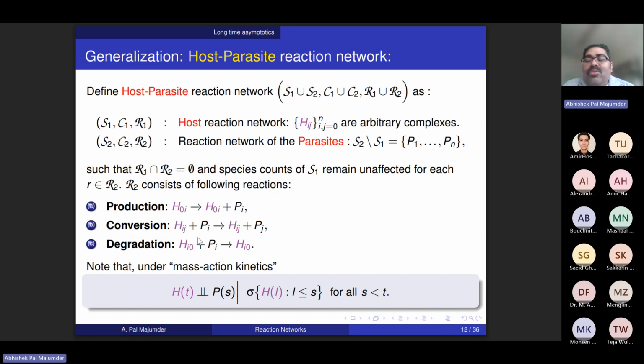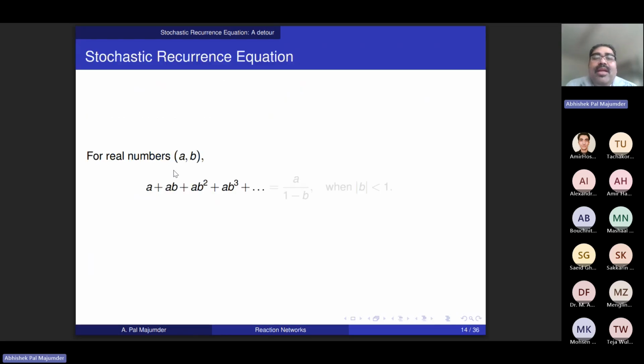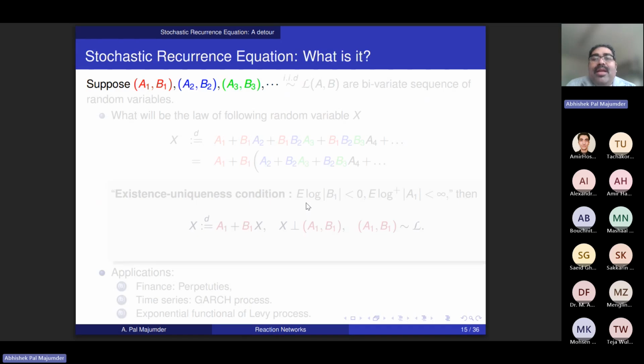When I'm trying to understand the structure of that reaction, an important quantity that takes place is called the stochastic recurrence equation. Let me take a little detour to explain what this is. We all know that for any real a and b, when mod b is strictly less than 1, this infinite geometric series converges to this particular quantity. But what happens when a and b are replaced by random variables, where a1 b1, a2 b2, a3 b3 come from a joint distribution of a and b?